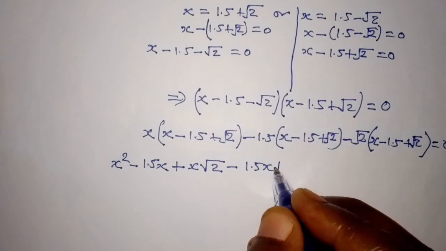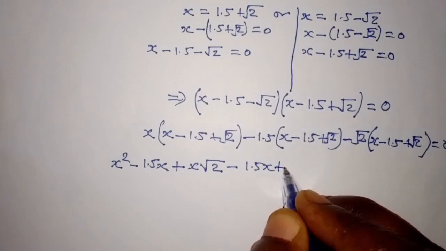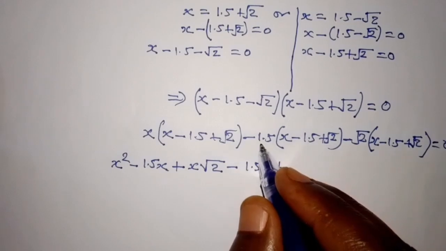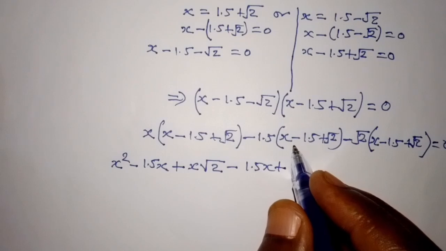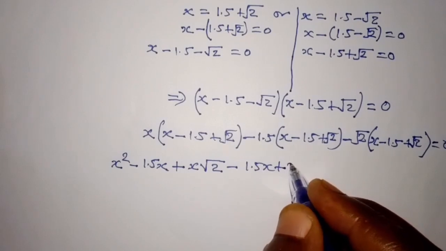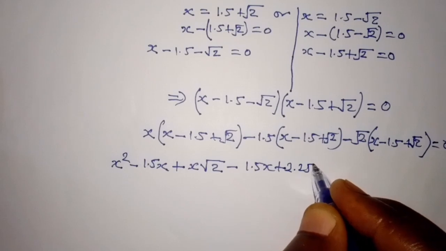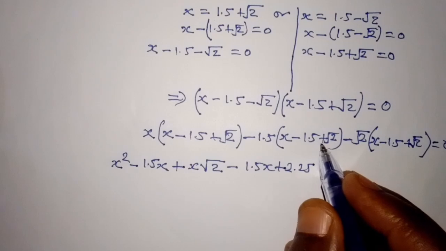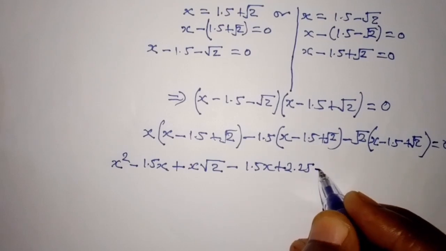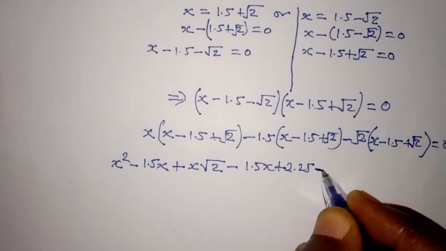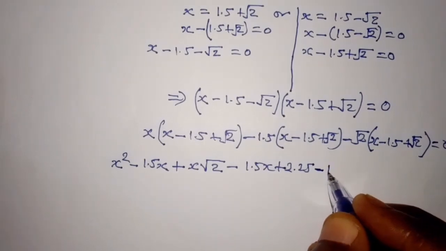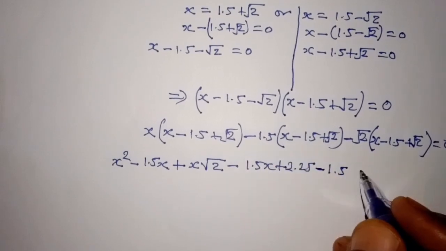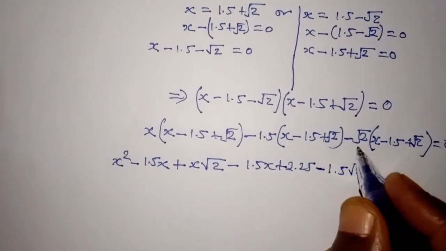Negative and negative is plus 1.5. Negative 1.5 times negative 1.5 is a positive 2.25. Negative times positive is a negative 1.5, 1.5 square root of 2 here.